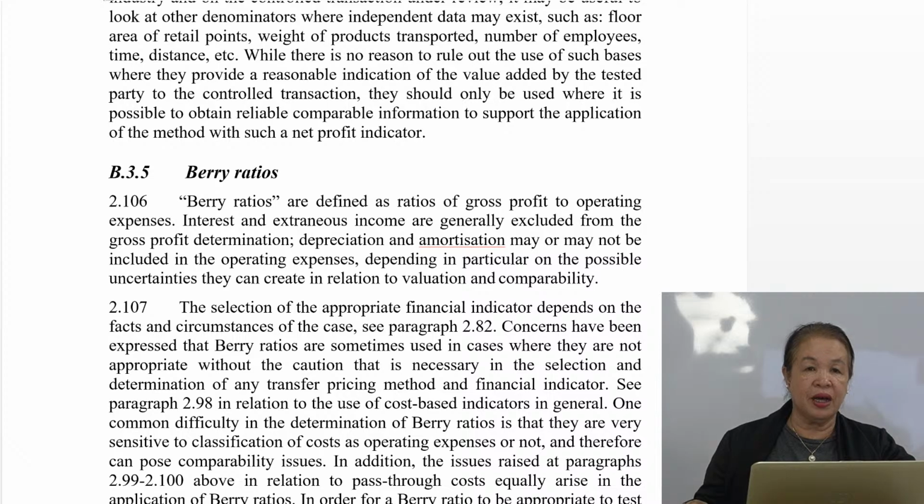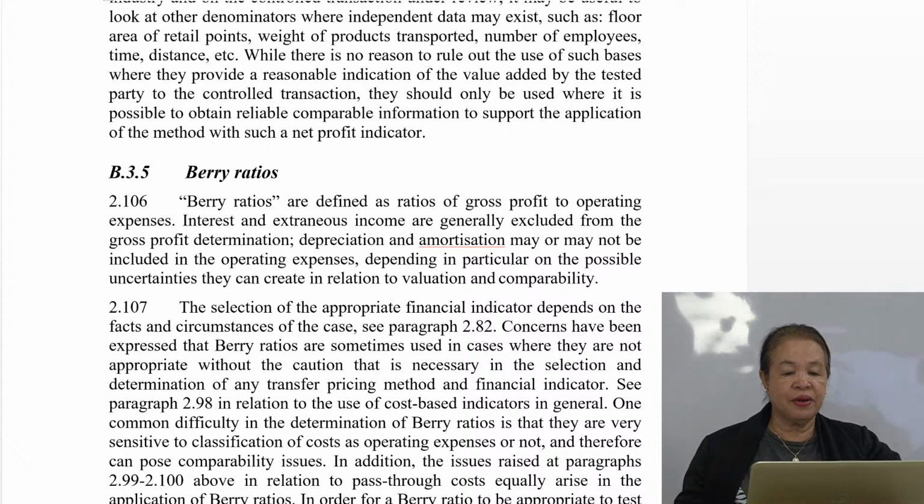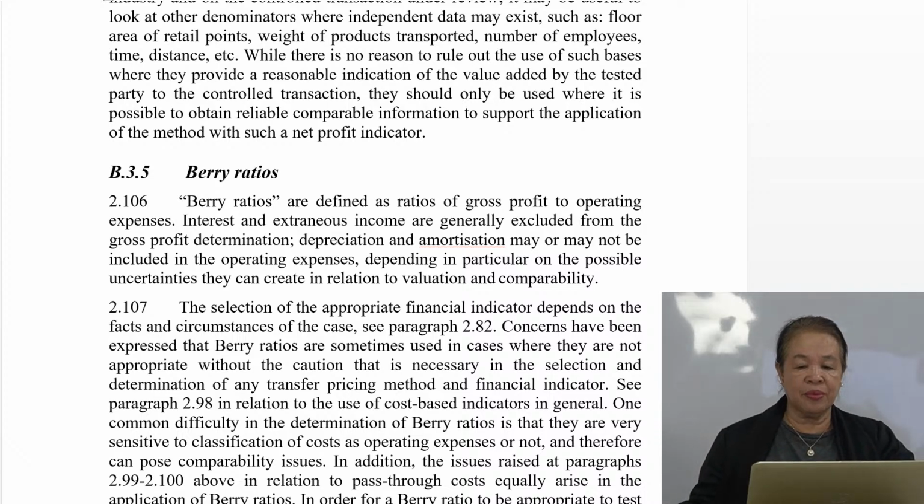We also have the Berry ratios. Berry ratios are defined as ratios of gross profit to operating expenses. How much is your gross profit and how much are the operating expenses? Interest and extraneous income are generally excluded from the gross profit determination.